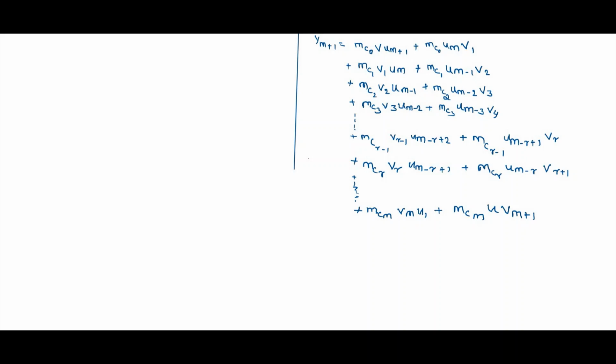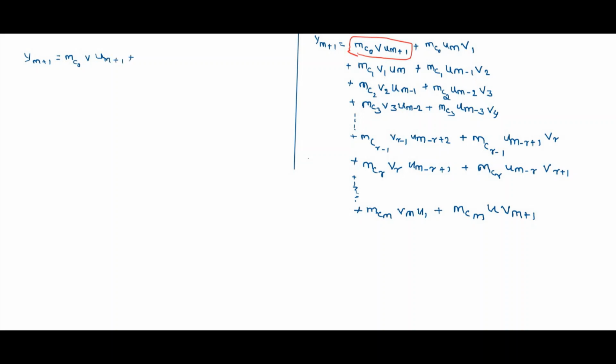Now I will write the left hand side, that is Y^(M+1) is equal to. Here, this is the first term which is non-repeated. I will write the first term, MC naught, as it is, V U^(M+1) as it is, plus.